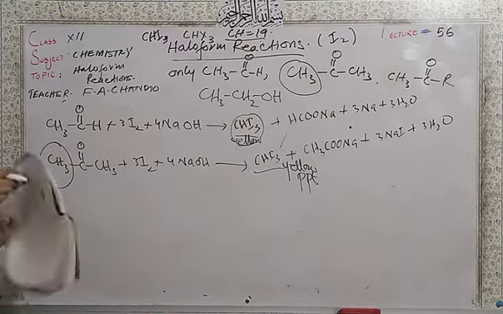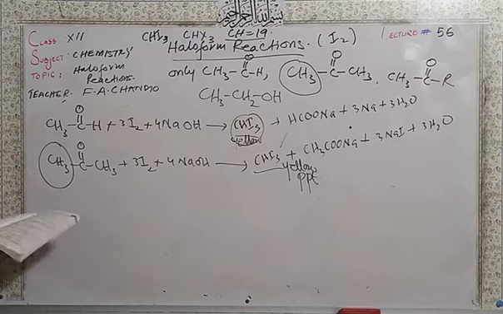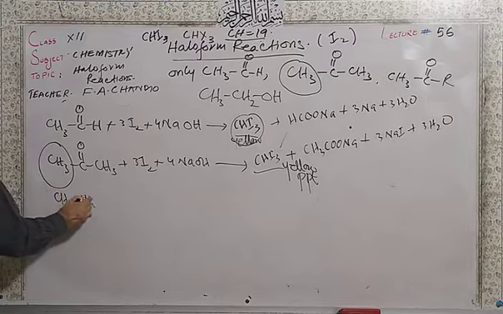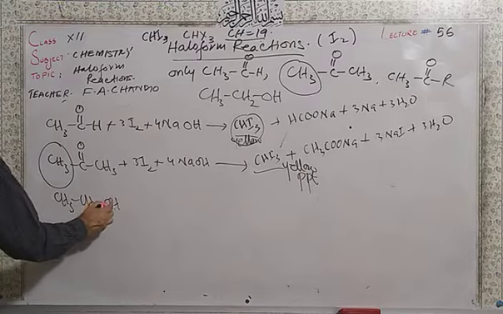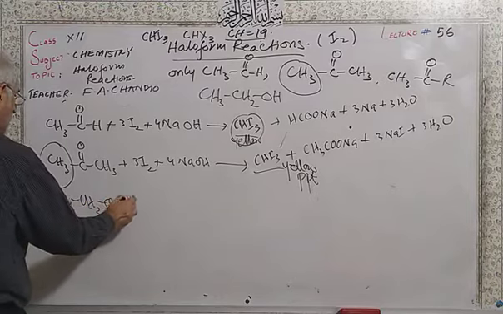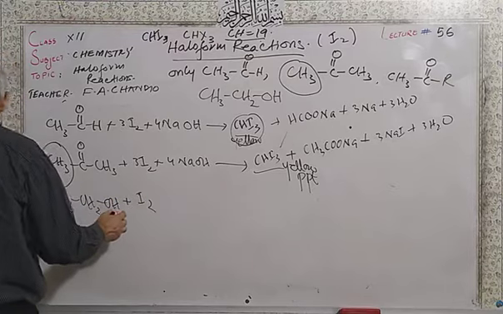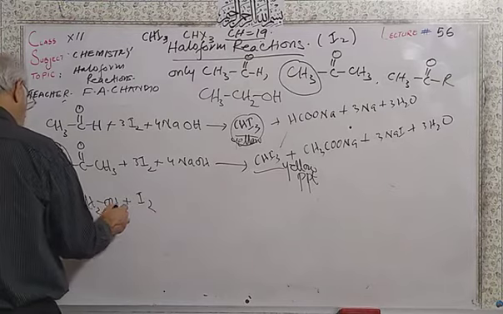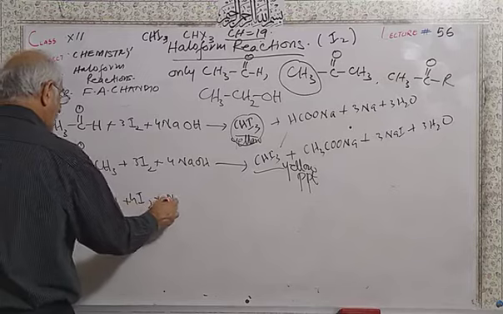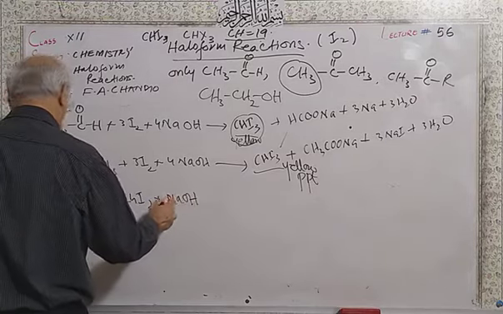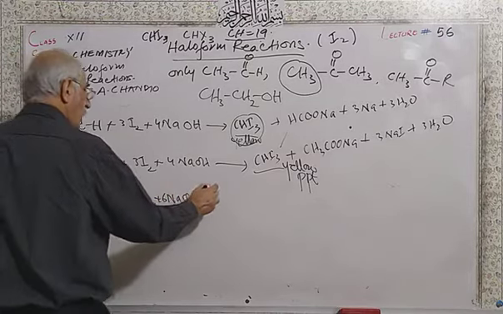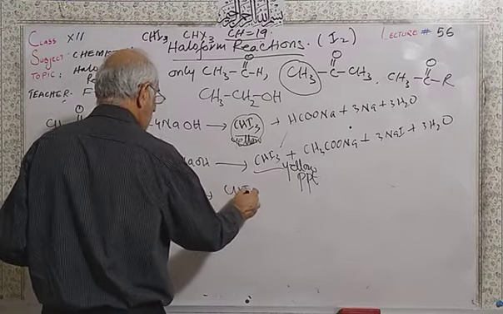Then you have ethanol also. Yes, I told you ethanol gives it. This is ethanol, a primary alcohol, only ethanol. This ethanol plus iodine plus sodium hydroxide, and you will get iodoform.